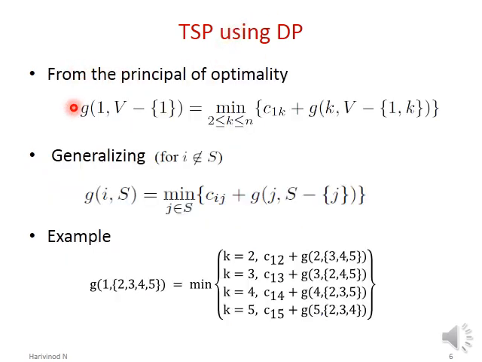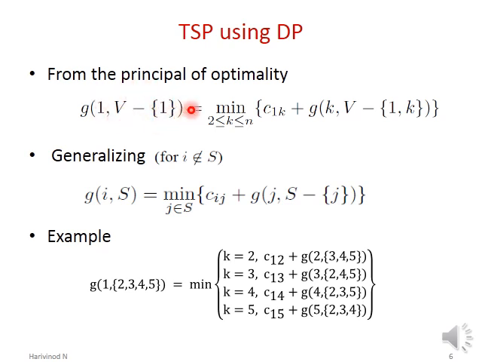So let us try to write the problem as a recurrence relation by using the principle of optimality. Let us write the problem in terms of sub-problems. We are supposed to solve g(1, set of vertices other than 1).